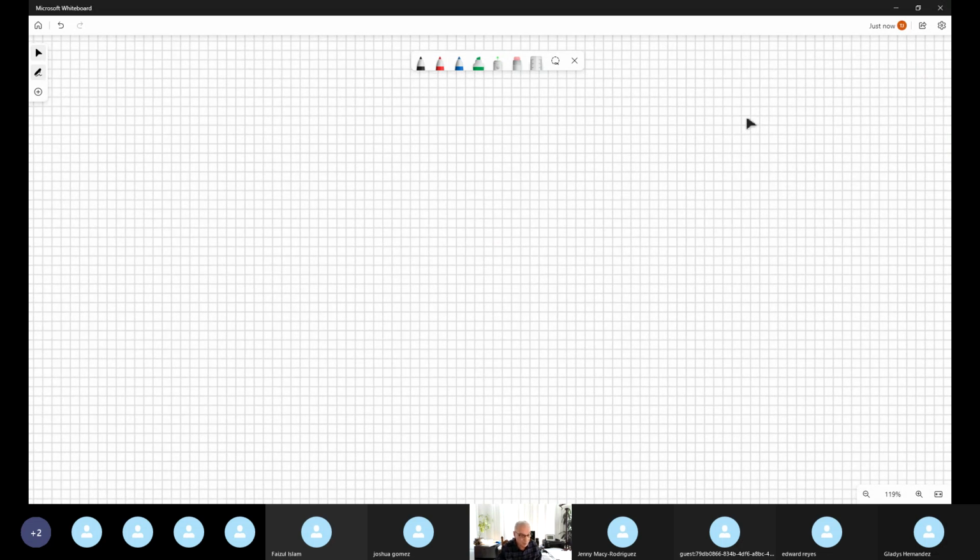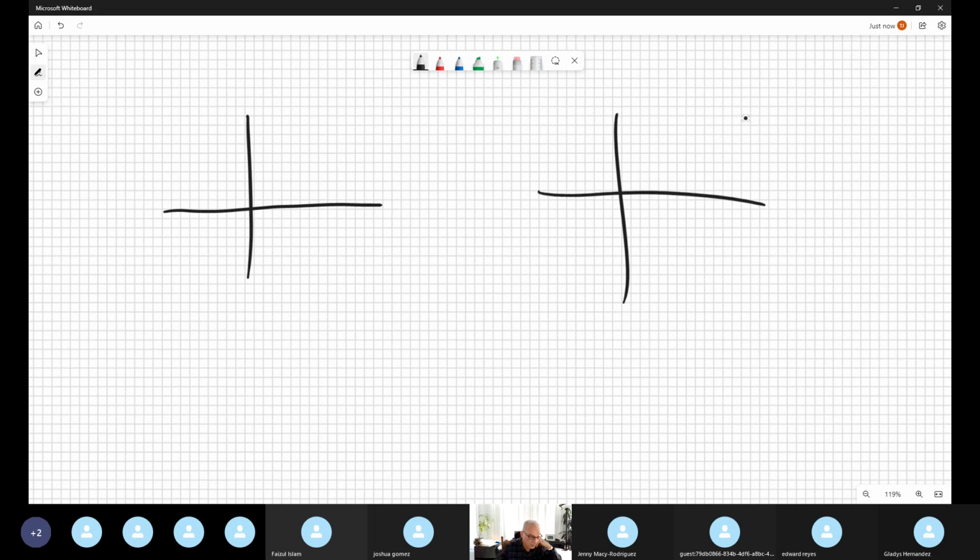We have, this is the X and Y axis. And this is X and Y axis. We have two kinds. Hyperbola has two branches, guys. Suppose like that, or like that.